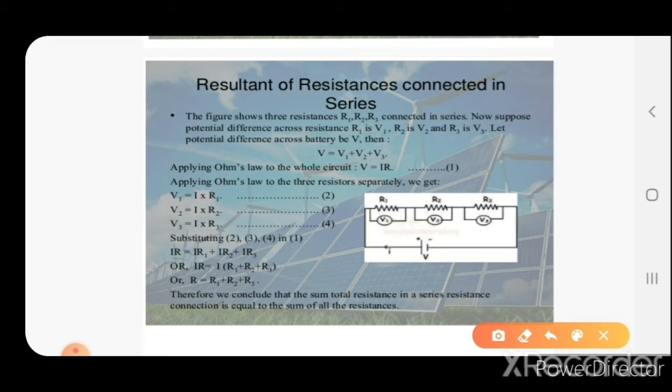In case of series combination of resistors, the equivalent resistance is equal to the sum of their individual resistances, and the combined resistance is always greater than any individual resistance.